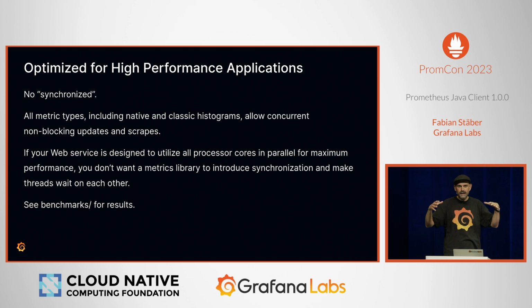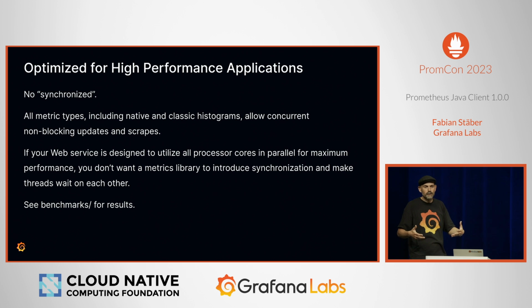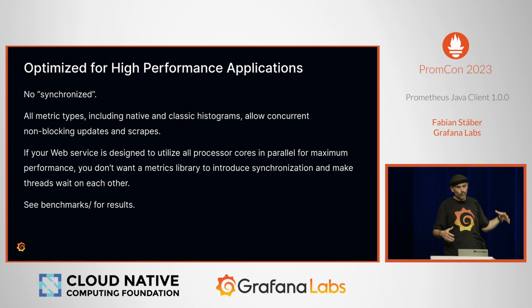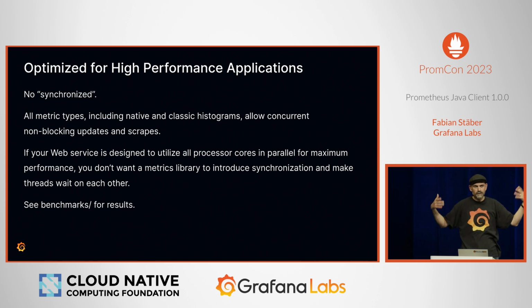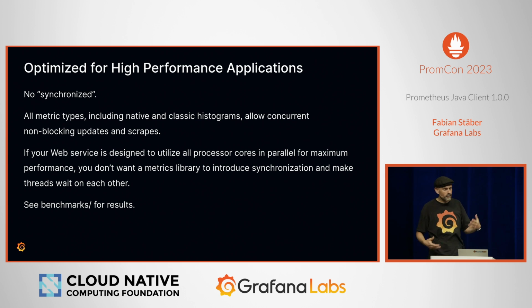But if you put in the effort to have a multi-threaded web service that's designed to utilize all available processor cores to the maximum to get maximum throughput, then the last thing that you want is to introduce your metrics library to measure latencies, and then the metrics library introduces synchronized blocks, and all of a sudden threads start waiting on each other, right? And this won't happen with the Prometheus Java client, so all of the implementations of the metric types support concurrent updates and scrapes.